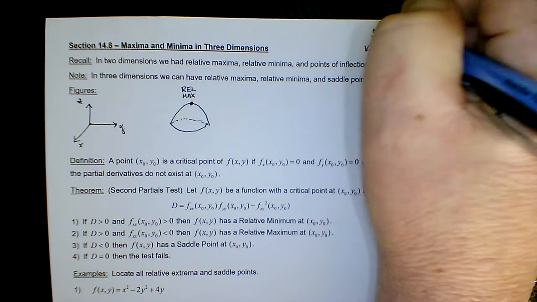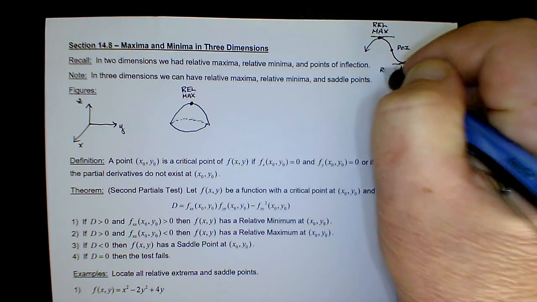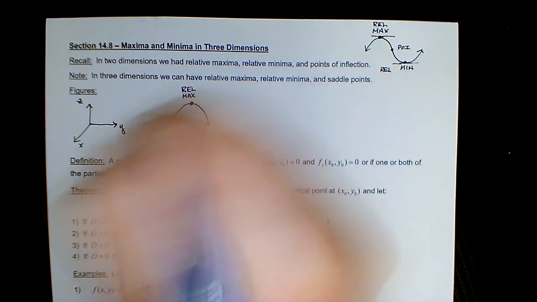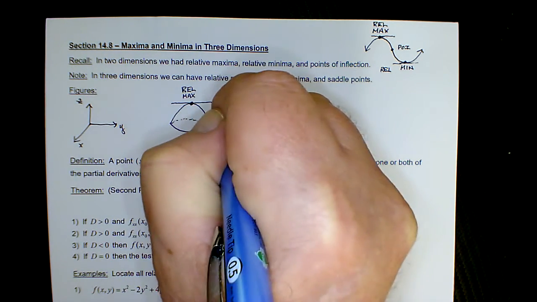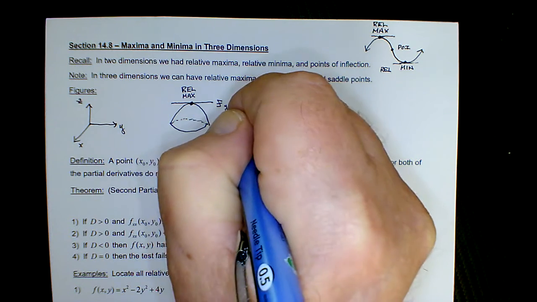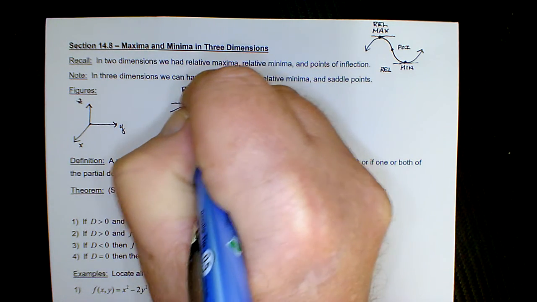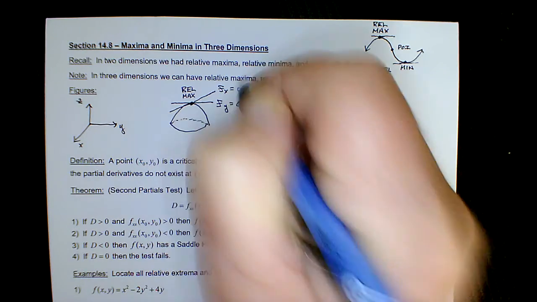To be formal here, I should say relative max for these as well. But notice that in the y direction, the tangent line is 0, so the partial with respect to y would be 0, and then in the x direction as well, the tangent line is 0.